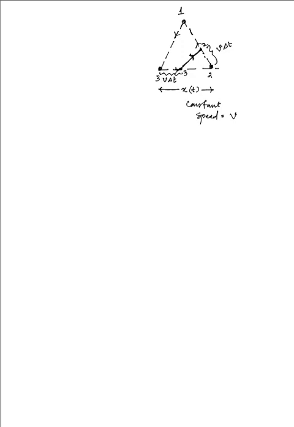This is simply x at t plus del t, isn't it? Because the time has changed from t to t plus del t. So this is x(t plus del t).